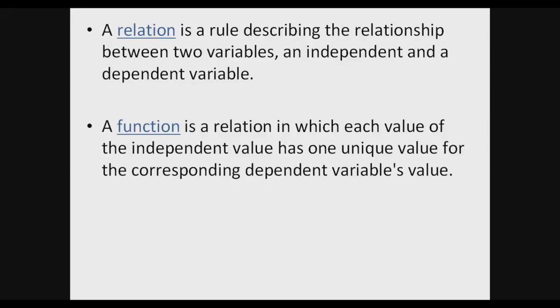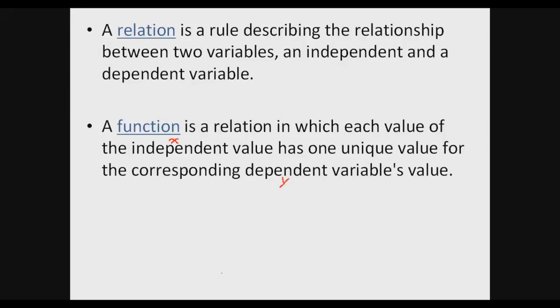So a function is a relation in which each value of the independent variable, which is usually our x value, has one unique value for the corresponding dependent variable's value. So the independent variable was our x value, and the dependent variable was our y value.